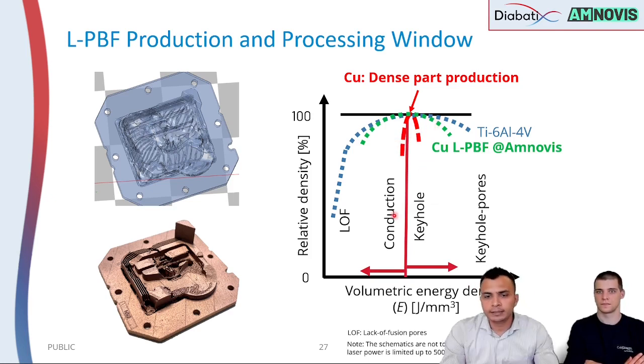Please note that this is just a schematic representation, but in simple language, to get the same density, we could probably go 3 times or 4 times faster, which also makes us more economical as compared to our competitors.